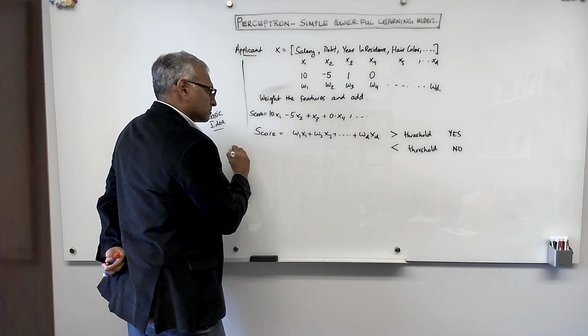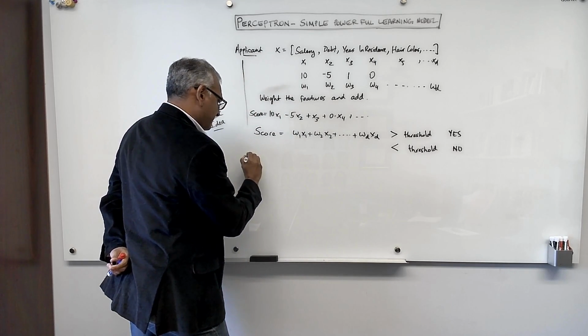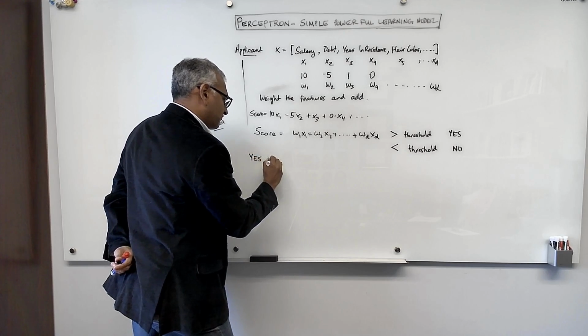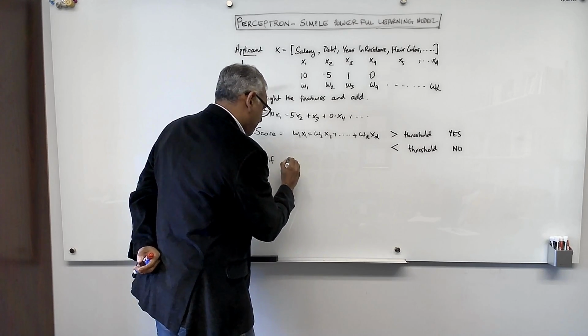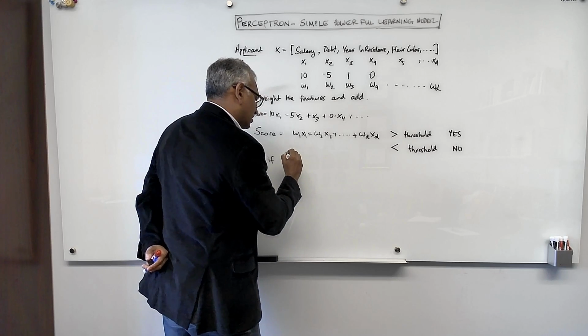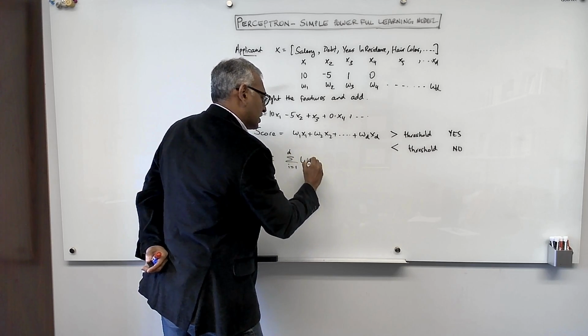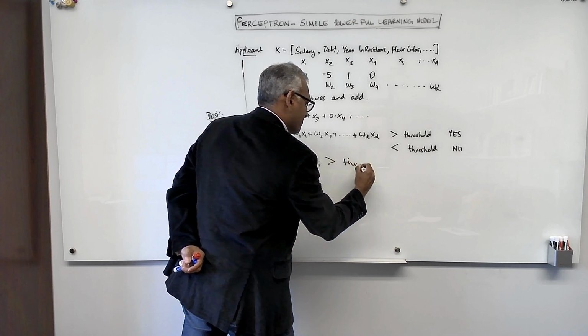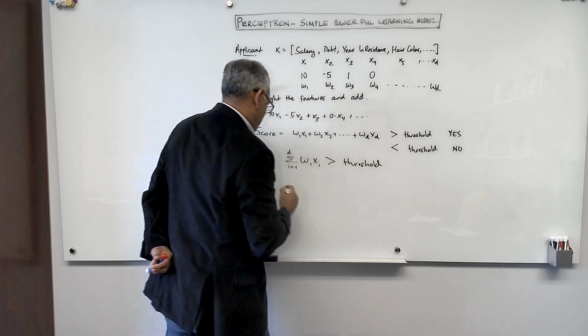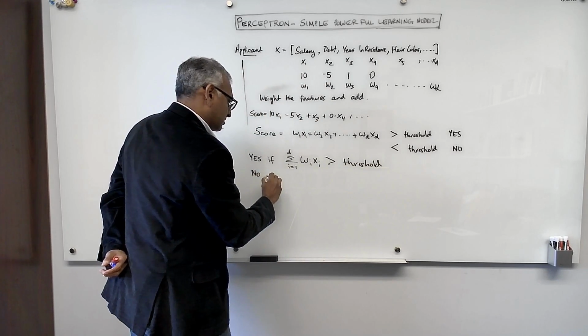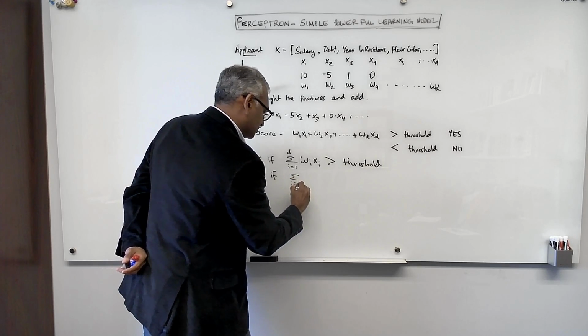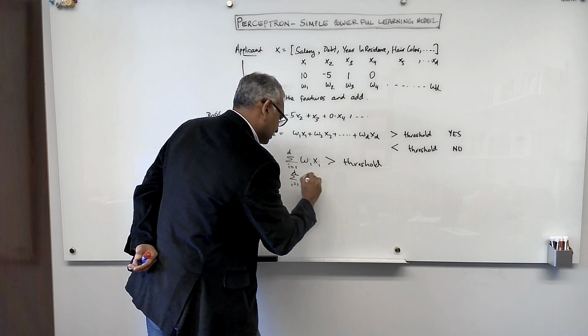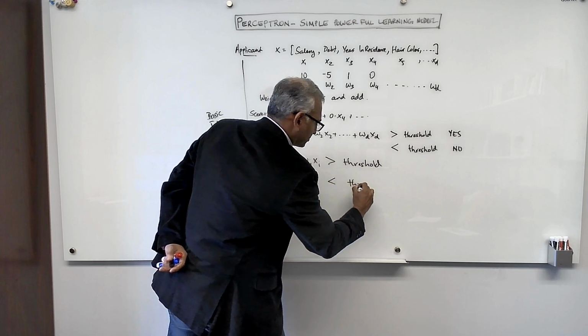So, approve, yes, if the sum from i equals 1 to d of w_i x_i is greater than the threshold. No, if the sum from i equals 1 to d of w_i x_i is less than the threshold.